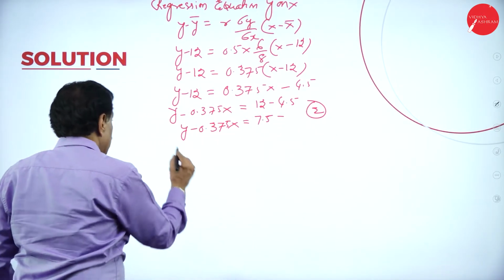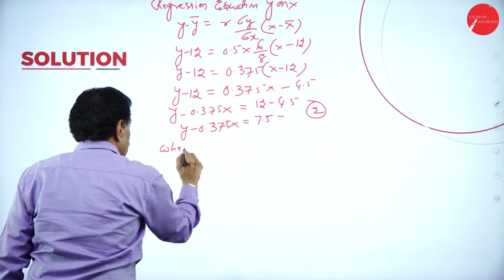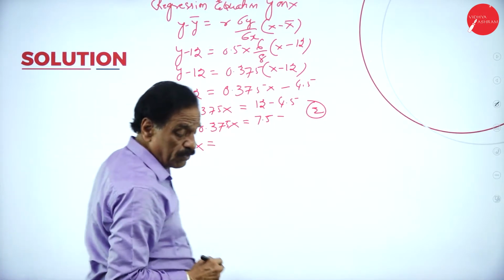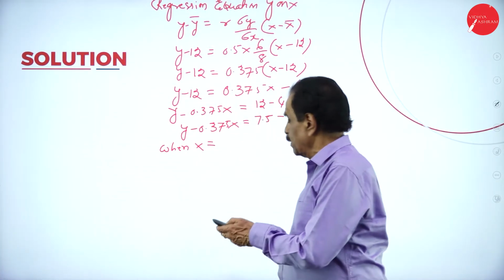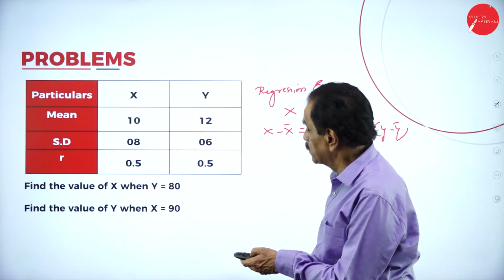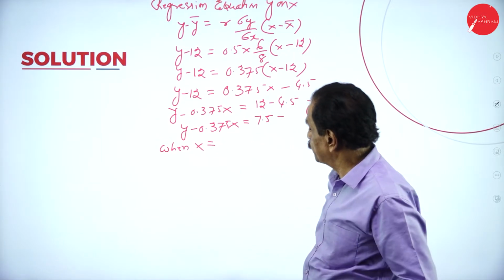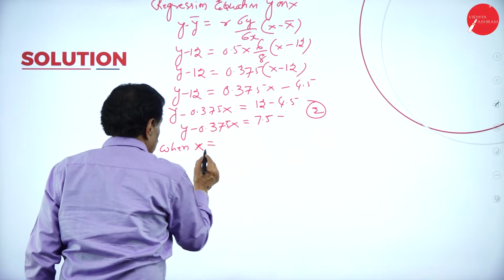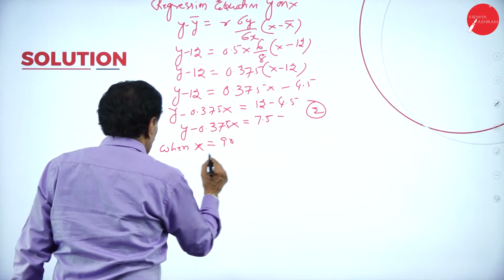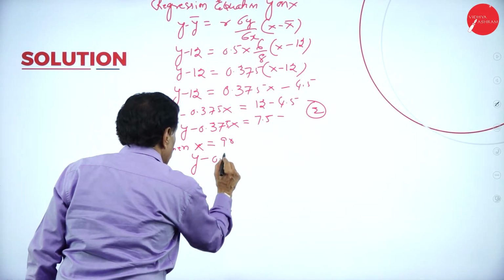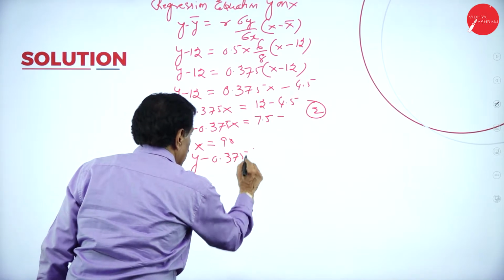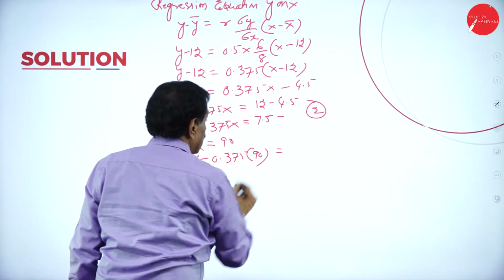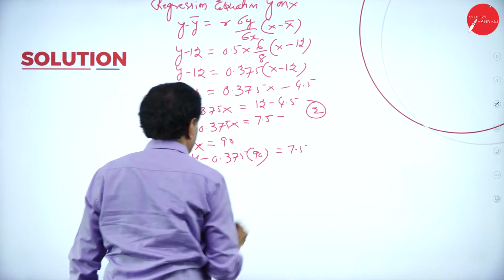Now you have to find out the value of y when x is equal to 90. When x is equal to 90, apply y minus 0.375 into 90 is equal to 7.5.